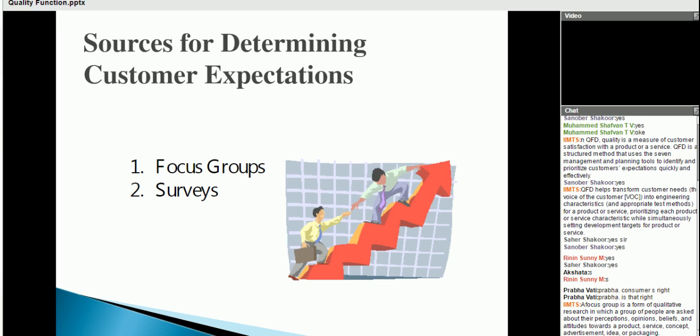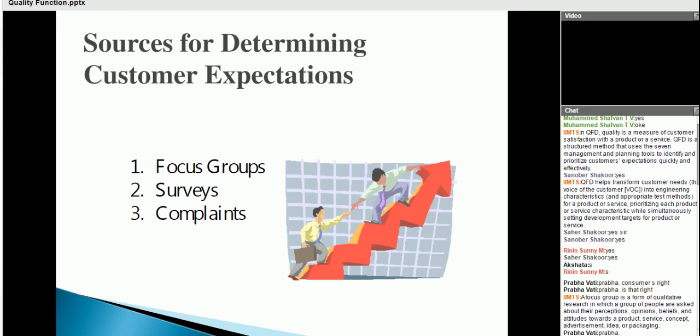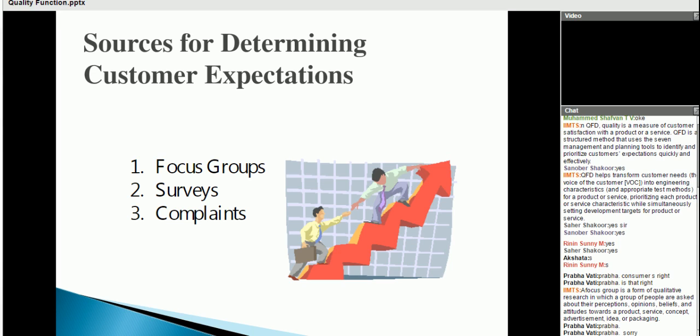Next is the surveys. They also do the surveys. Lot of ways are there of doing the survey. They can do the survey on mobiles, on internet, by filling up forms, or on telephones. So many ways. Complaints, right? They put up a complaint box, or a complaint query online, where the customers give their complaints, so that all those things are considered.